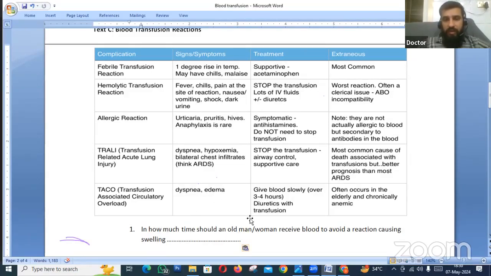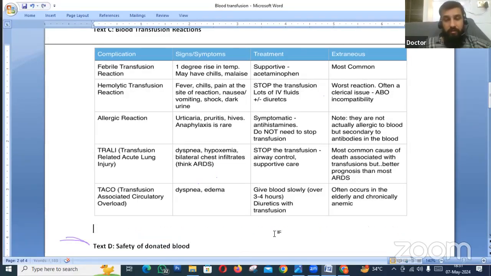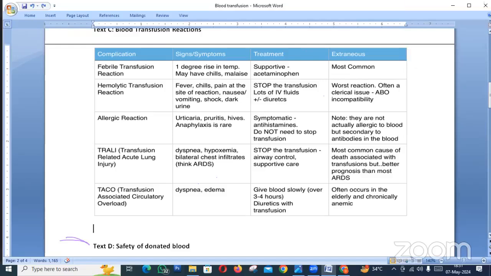I'm asking about time: give slowly over 3 to 4 hours. Where did you get the elderly? This often occurs in the elderly. So instead of elderly, I'm using old man or woman. The thing to learn in this question is how you will find the answer in a column, in a table.